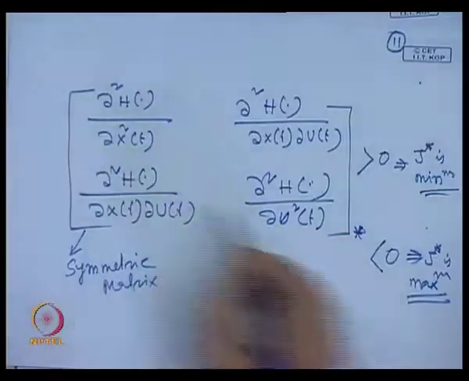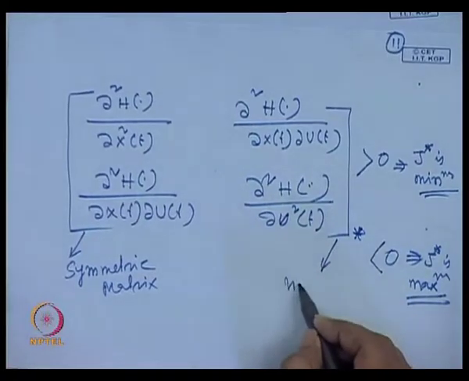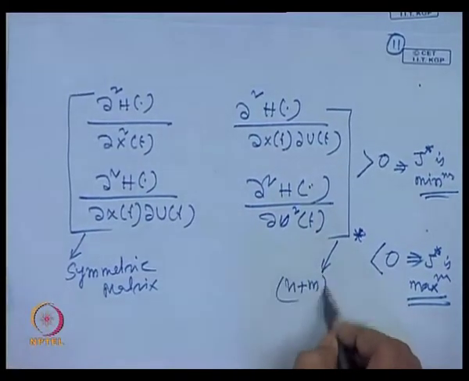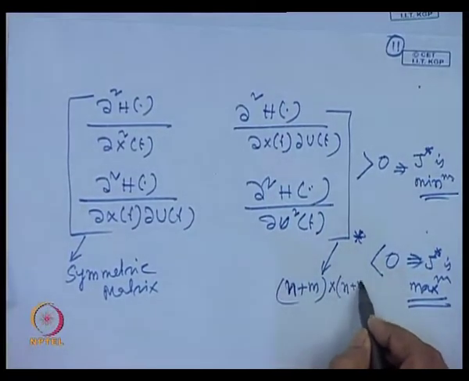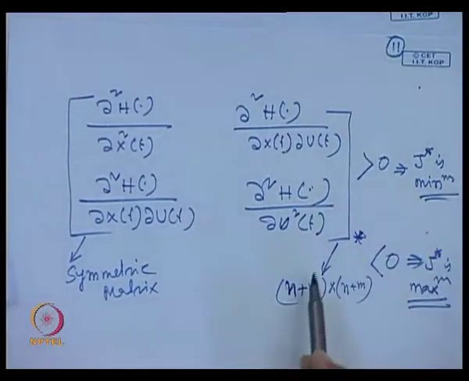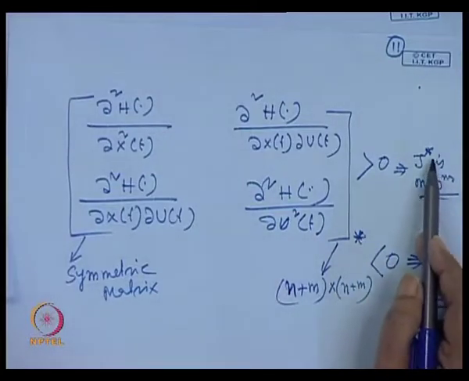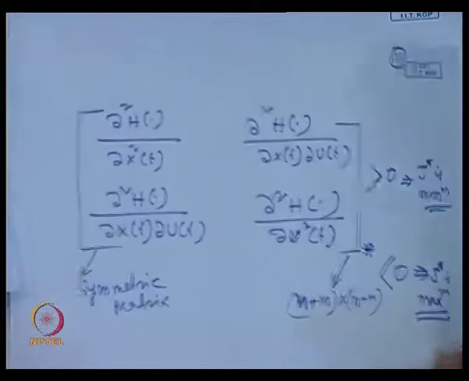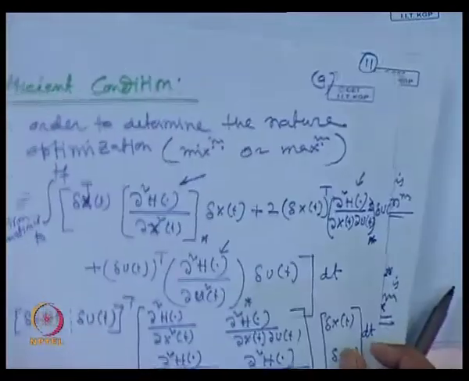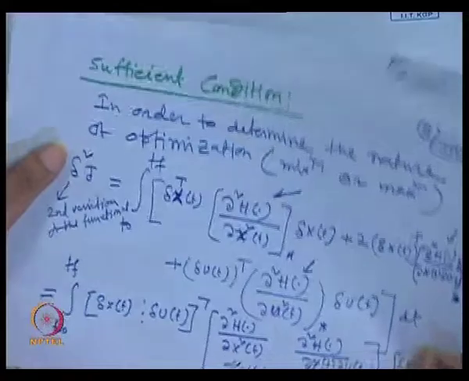You test with this matrix, whose dimension is n plus m into n plus m, where n is the number of states and m is the number of inputs. If it is positive definite, J star is minimum; if negative definite, J star is maximum. This is the basic theorem.